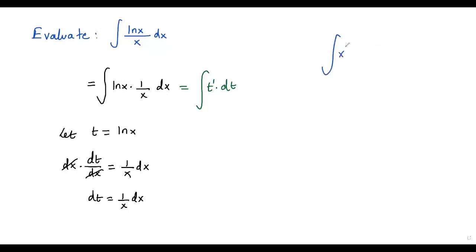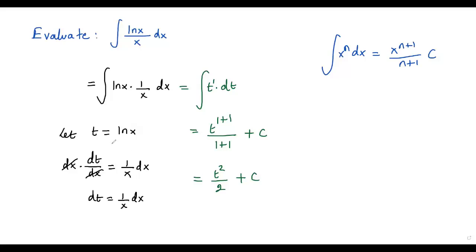That is, integral of x to the nth power dx means we have to add 1 to the exponent and divide the result by the same n plus 1, plus c. The same thing we have to do over here. We add 1 to this exponent 1, so it becomes 1 plus 1, and divide by the same 1 plus 1, plus c. So t squared over 1 plus 1 is 2, plus c.